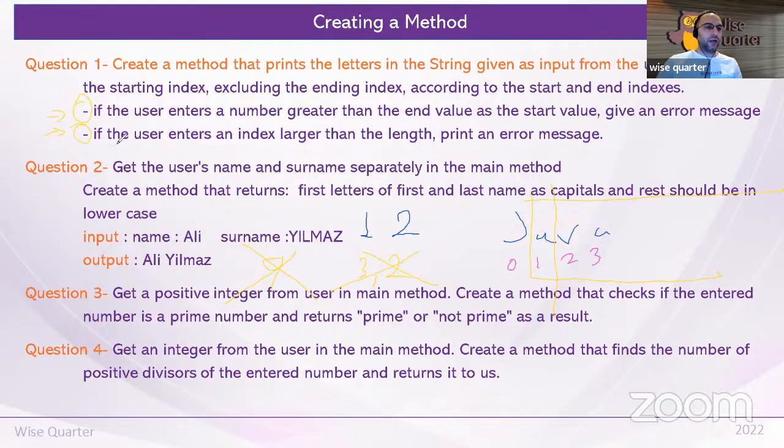If everything is correct, as we planned, we will try to receive the letters from the entered string. We are not going to take it from user, don't worry. But we will try to work on a string variable. And if user enters 1 and 2, we will get all the letters between those numbers.